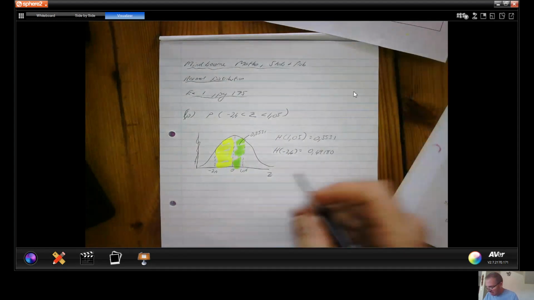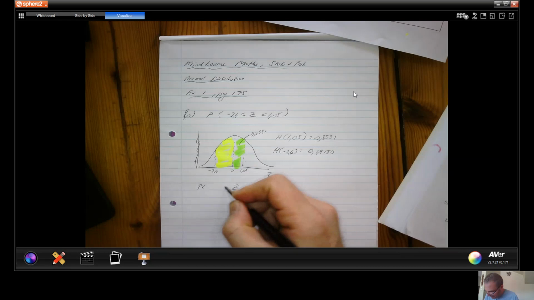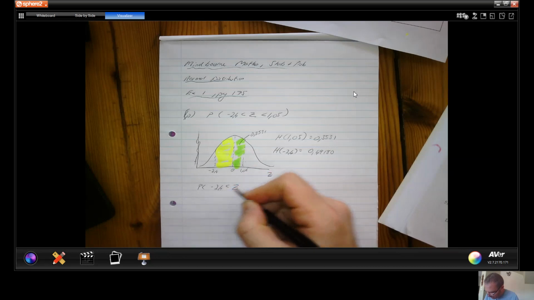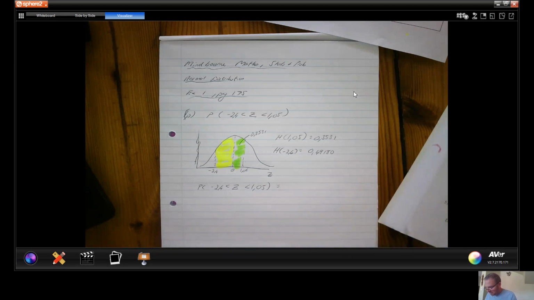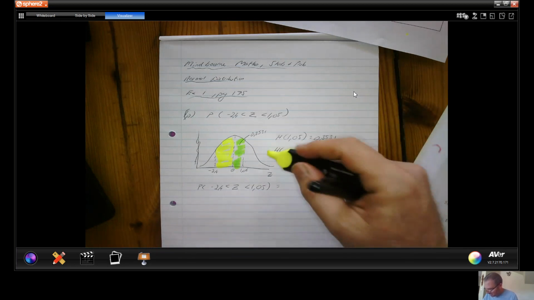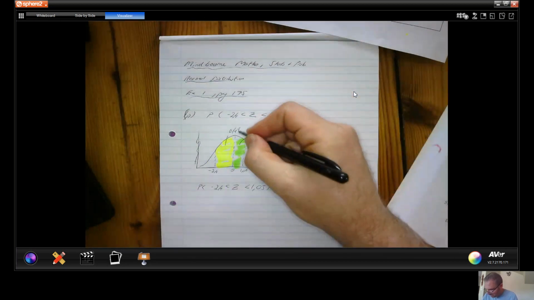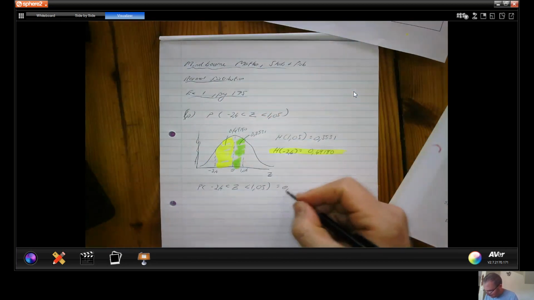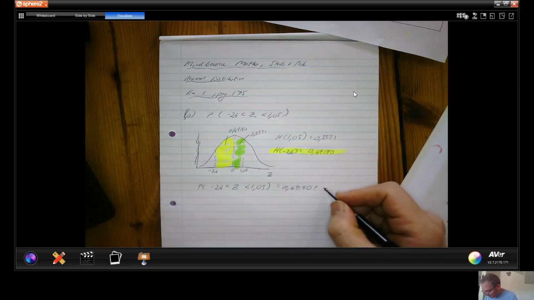So if I go to H of 2,4, I'm going to look up 2,40. So 2,40 is over here, and that's pretty high because it's nearly 2.5 standard deviations away from the mean. So H of negative 2,4 is going to be 0,49180. Okay, so the probability that Z lies between negative 2,4 and 1,05 is going to be equal to the yellow area, which was 0,49180, plus the green area, which is 0,3531.